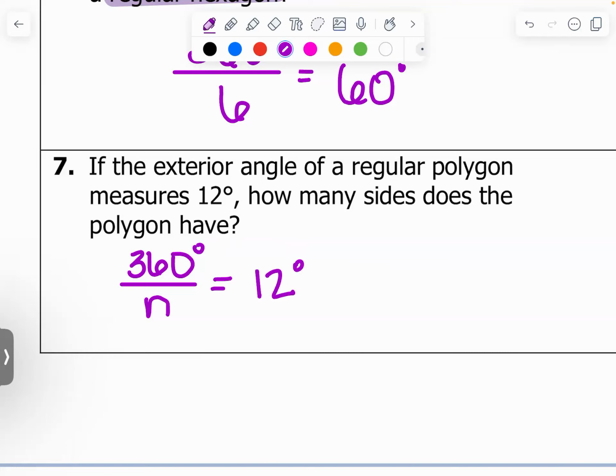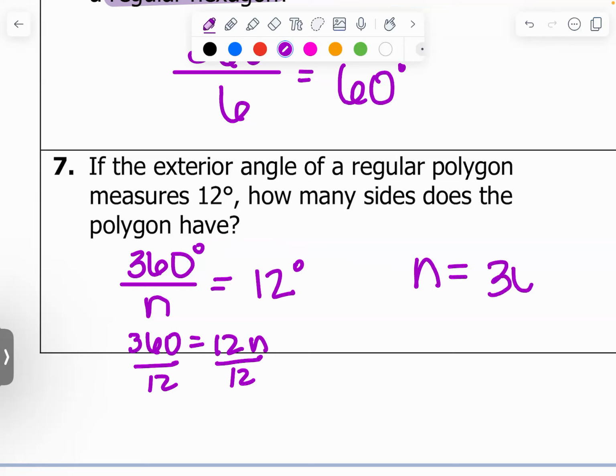How do we figure out what n is? If I multiply n over, and then we can divide by 12. Which is what? 30. We have 30 sides.